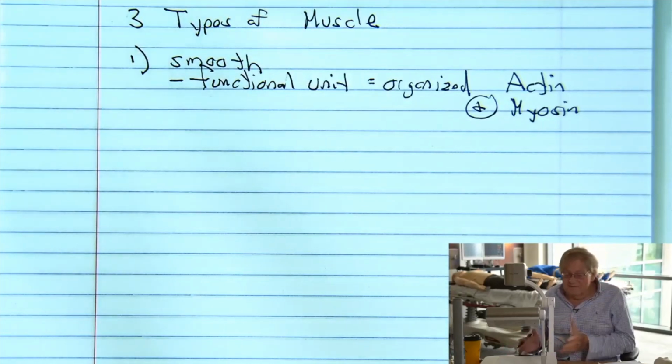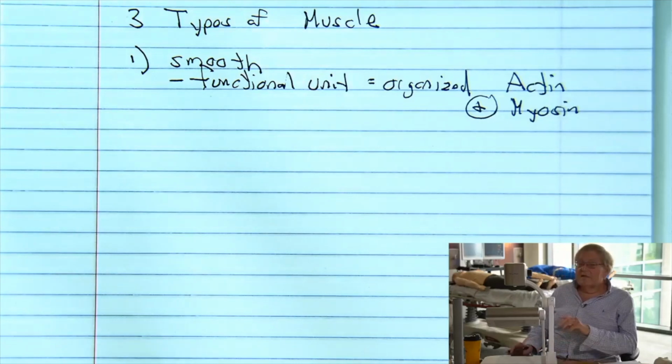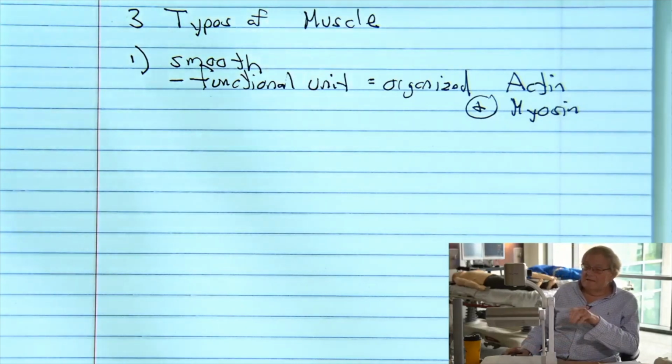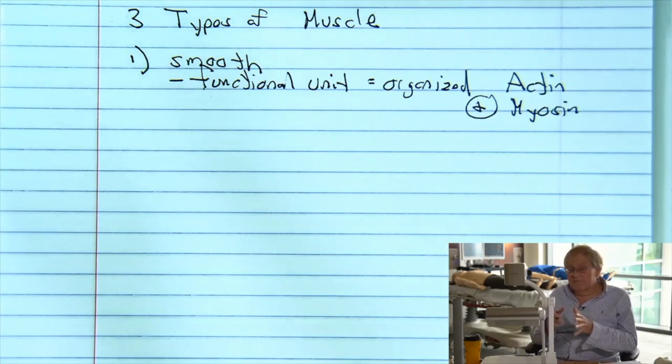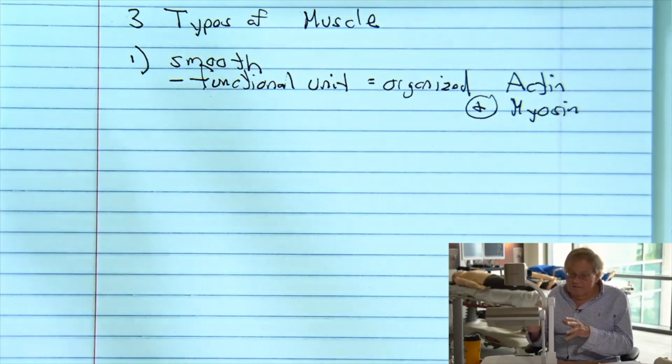And just think that smooth muscle is really not that well organized because, for example, my intestines are not skeletal muscle. They're not cardiac muscle. They're smooth. First of all, they're involuntary. So I can't tell my small intestine to move something along.